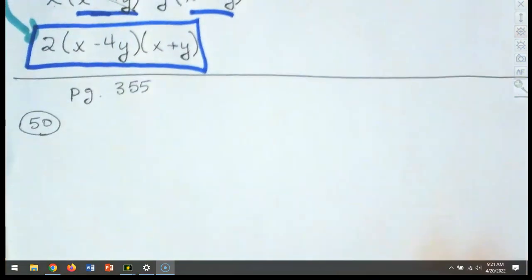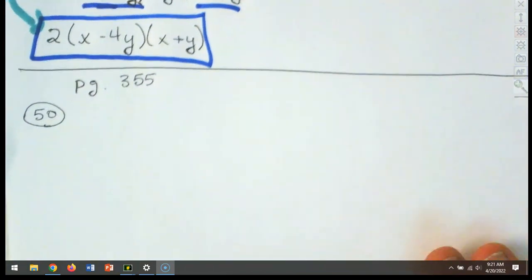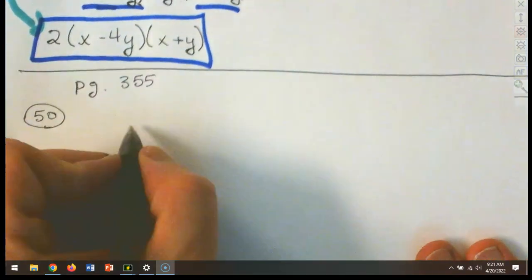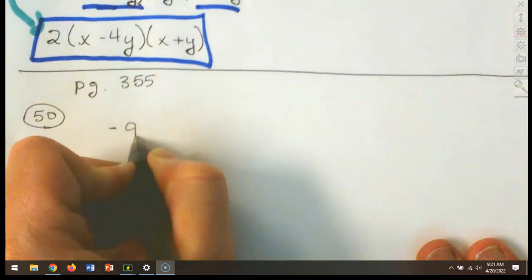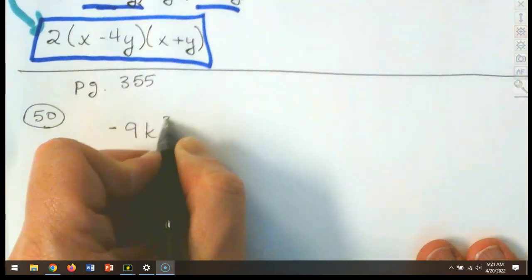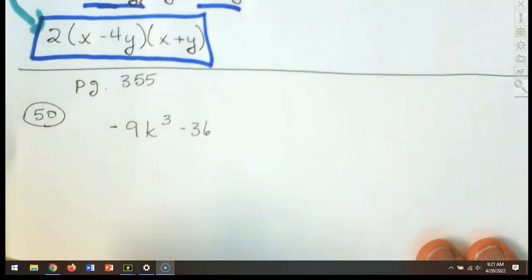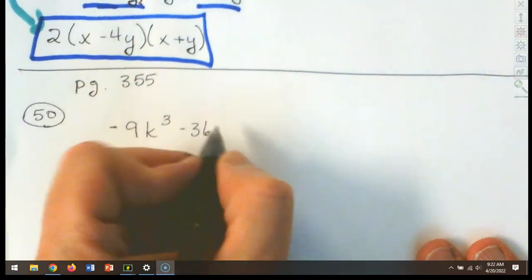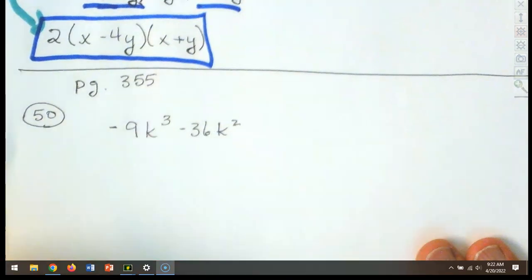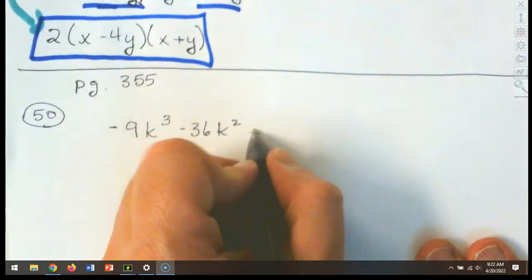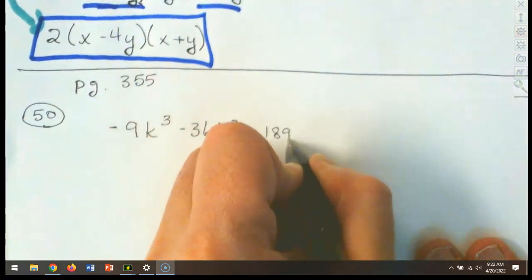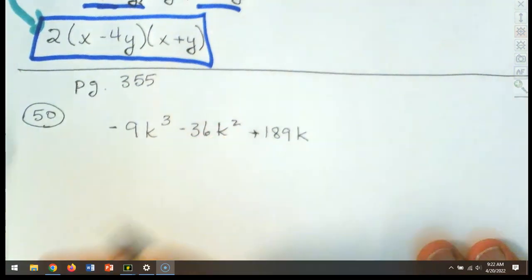This is going to kind of be an extension of what we just did. We've got a 9k cubed minus 36k squared and a plus 189k.